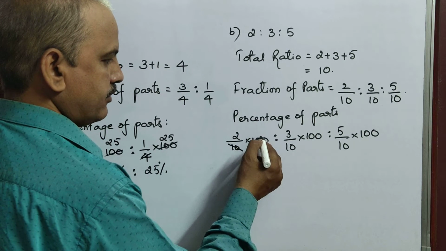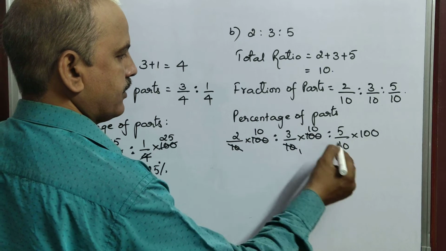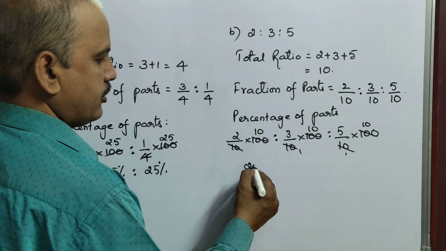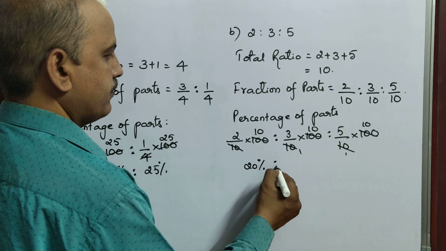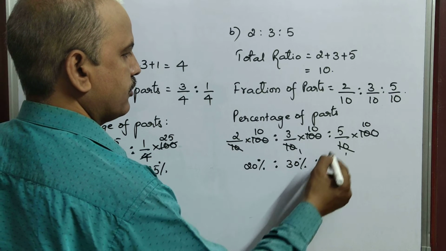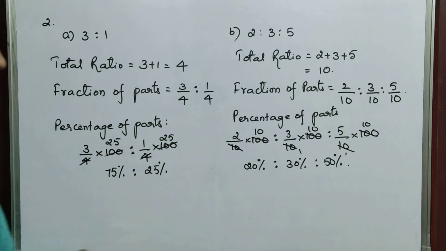So 10 ones are 10, 10 tens. 2 tens are 20. So 20% is to 3 tens are 30, 30% is to 5 tens are 50. So 50%. Okay. So 20% is to 30% is to 50%.